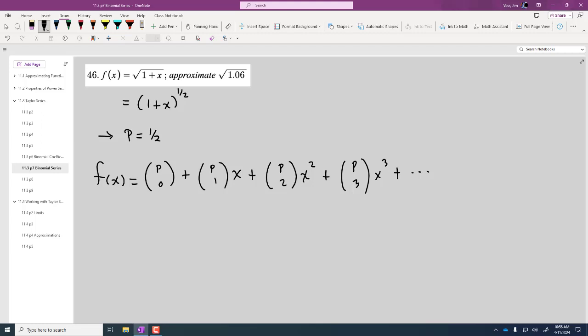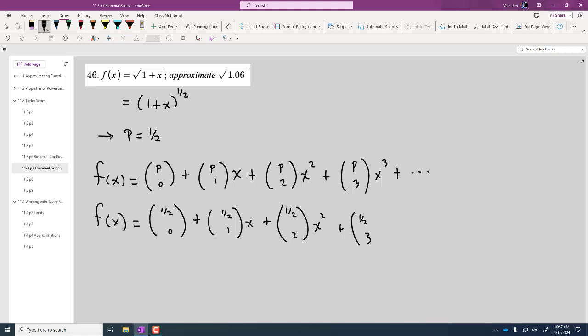All right, so p choose 0 is always 1. Oh, let me put the half in first. We're going to have 1/2 choose 0, and then 1/2 choose 1, and then 1/2 choose 2, and then 1/2 choose 3.